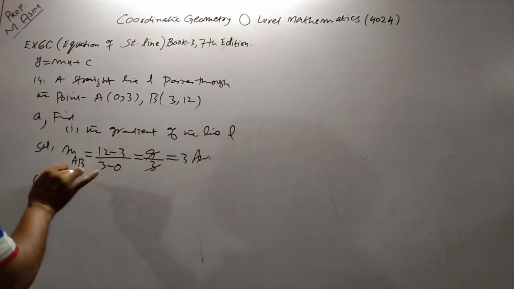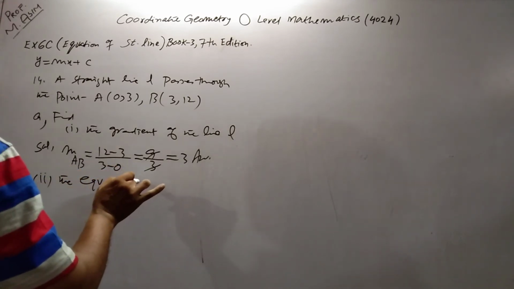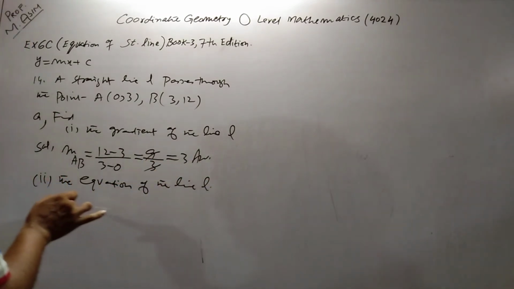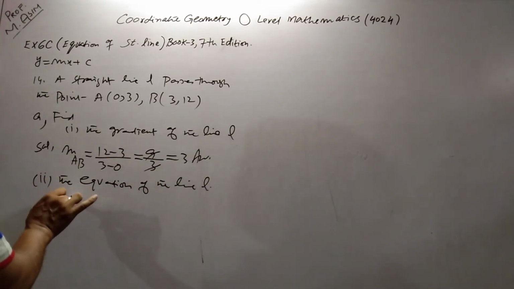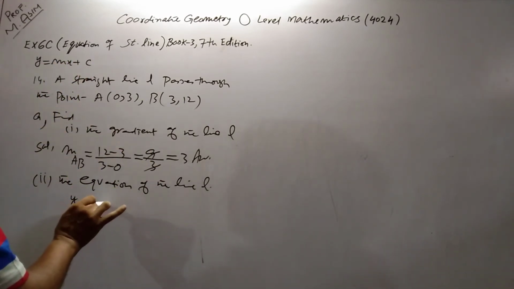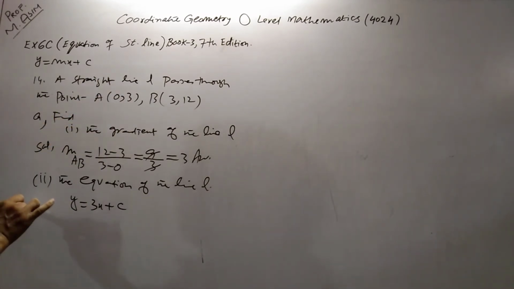Part 2: the equation of the line L. The equation is y equals mx plus c. What is m? 3. So y equals 3x plus c. How to get c? Take any point. I am taking point A, (0, 3).